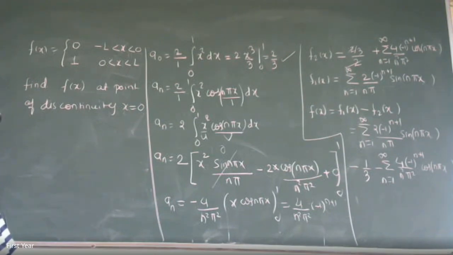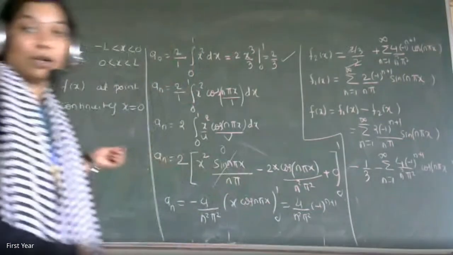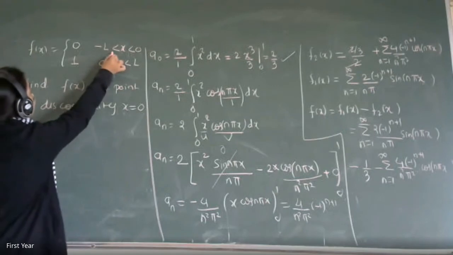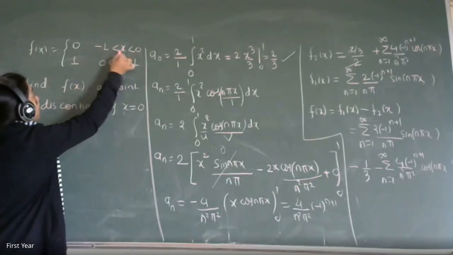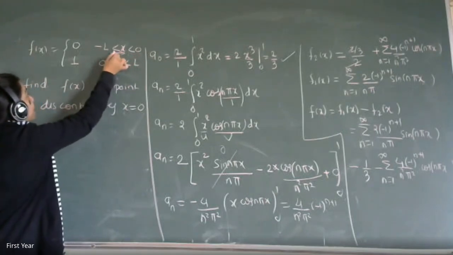Left hand limit at 0. What is the left hand limit at 0? How is f of x approaching from the left hand side at 0? It's given in the definition. 0. Yes, Shailesh, what is the left hand limit? Left hand limit is 0, for the left hand side, the negative numbers.